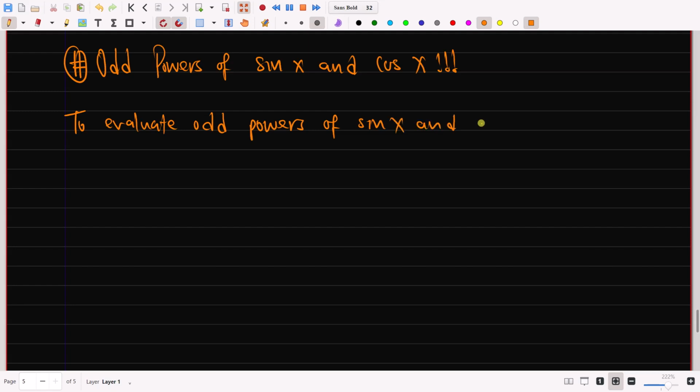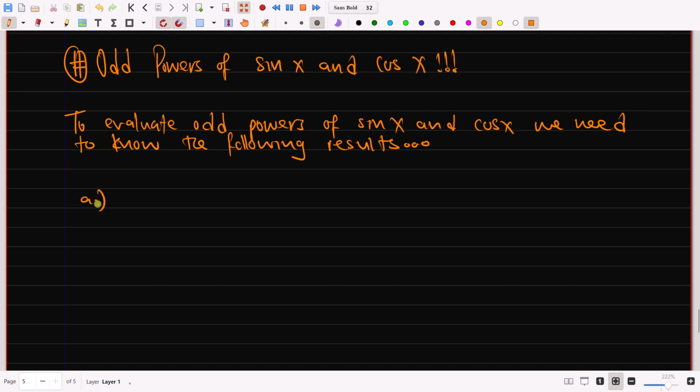One of the results is that the integral of sine to the n of x times cos x dx is equal to sine to the power n plus 1 of x over n plus 1, plus k.